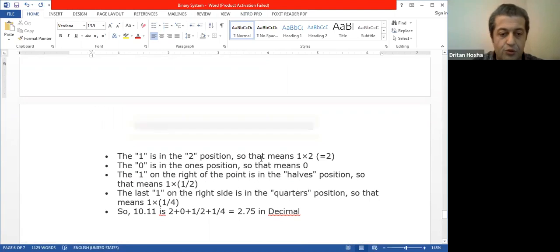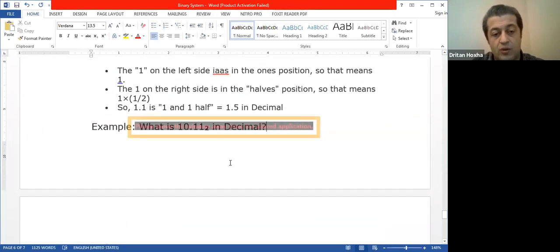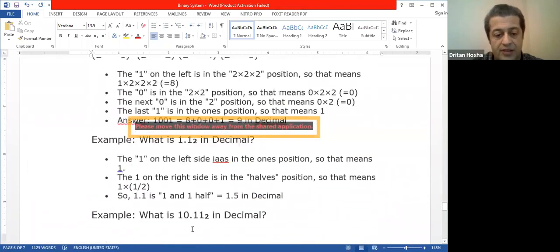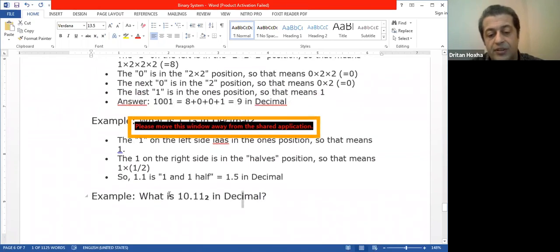The number 1 in the 2's position means 1 times 2. We have to solve another exercise. What is this number in decimal? Another example. This digit shows the ones. This digit shows the 2's. So we have 2 here, 2.5.